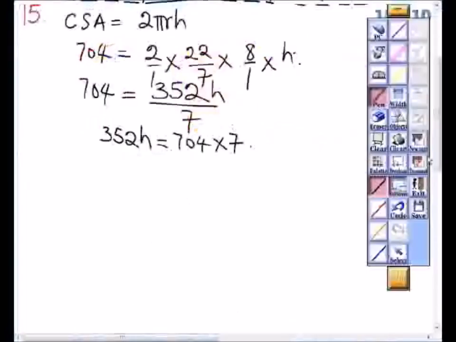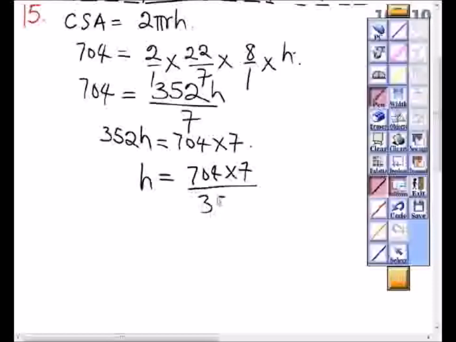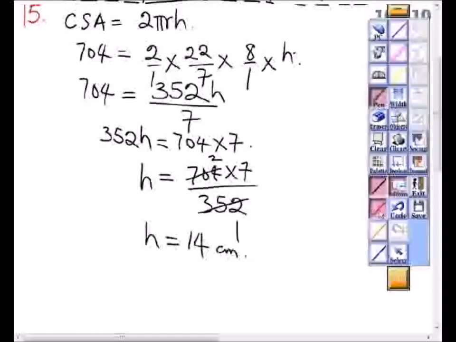Dividing both sides by 352 gives us h is equal to 704 times 7, all divided by 352. And of course, 352 will go twice in 704. So we have our h giving us 2 times 7, which is 14 centimeters. And that, of course, is our expected and required answer.